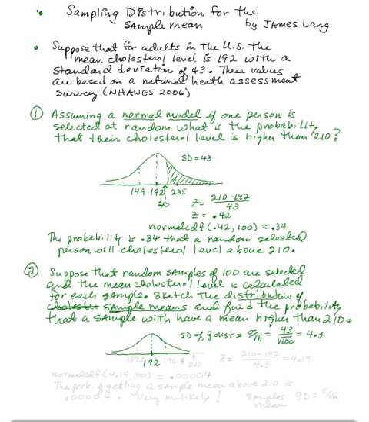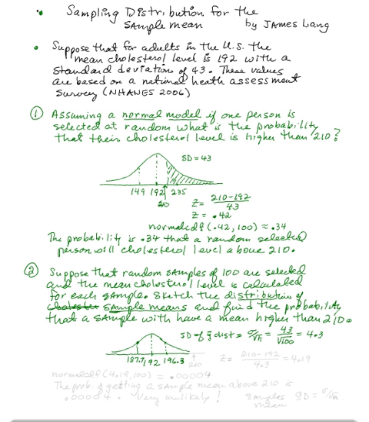Now, if we look at one standard deviation to the right, 4.3 added to 192 would be 196.3. And one standard deviation the other way would be 187.7.